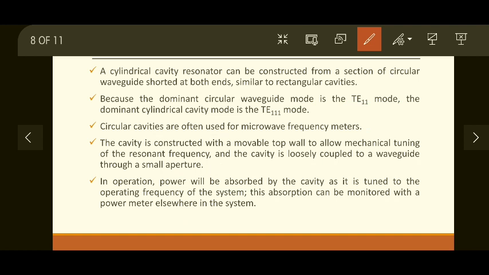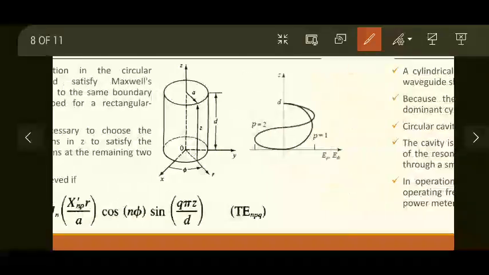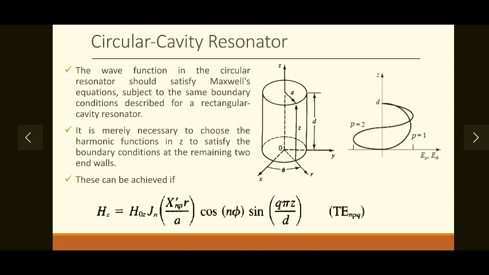The small aperture is created at the top wall, and you can move that top wall to adjust your resonant frequency. In operation, power will be absorbed by the cavity as it is tuned to the operating frequency of the system. If you want to measure how much power is absorbed, you can connect a power meter elsewhere in the system. So let's look at the geometry now.